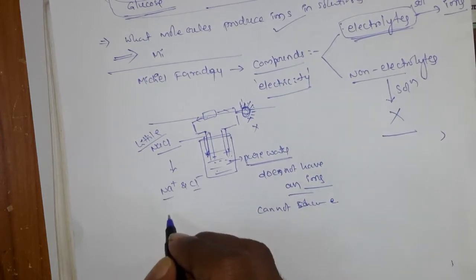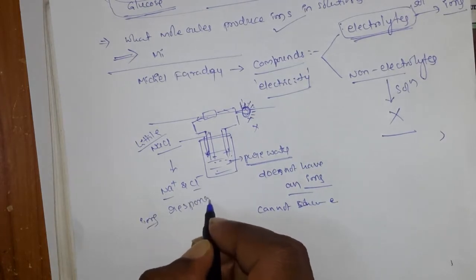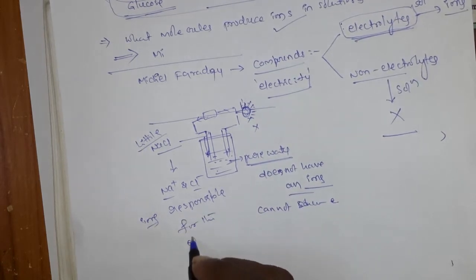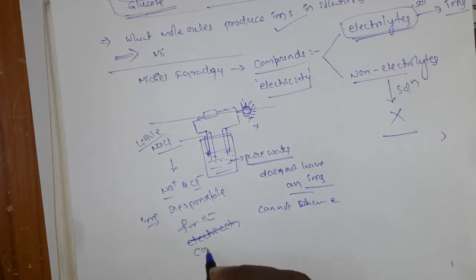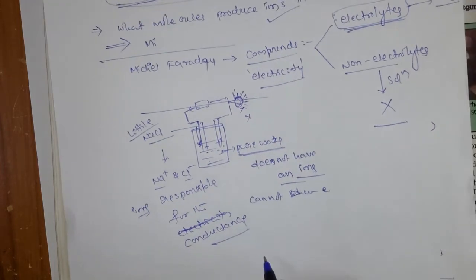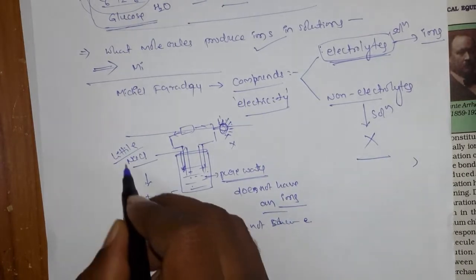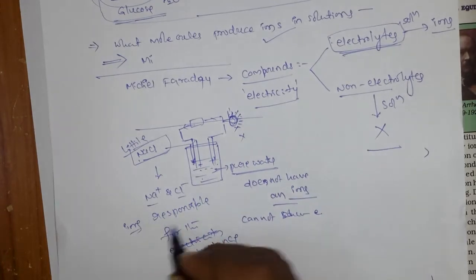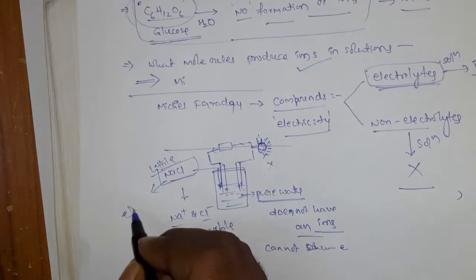Okay, and these ions are responsible for the electricity, so simply you can say conductance. That is the reason why, because sodium chloride is carrying the electricity, sodium chloride is called an electrolyte.